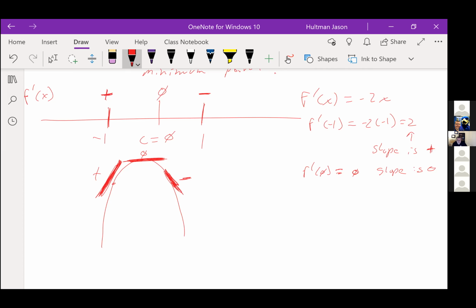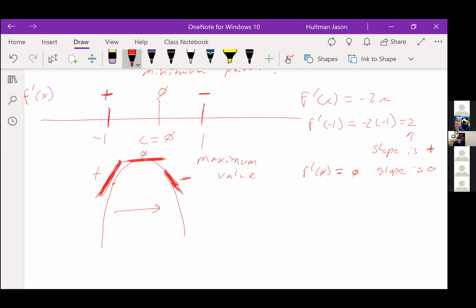And so what would this force this critical value to be? Going from positive slopes to negative slopes as I move from left to right would force this thing to be a maximum value.